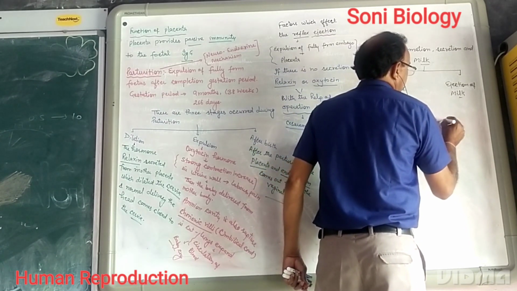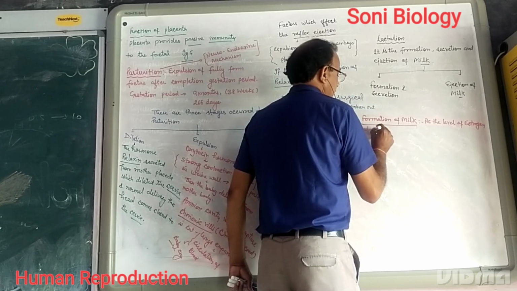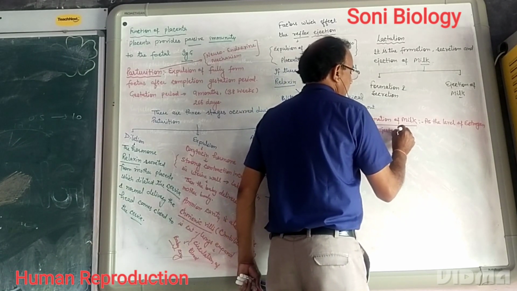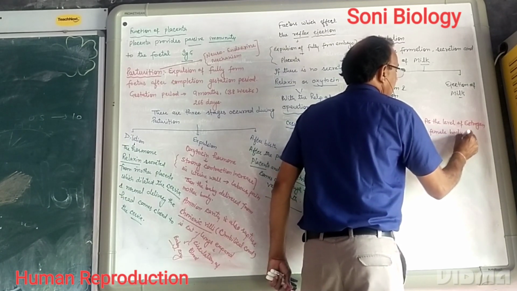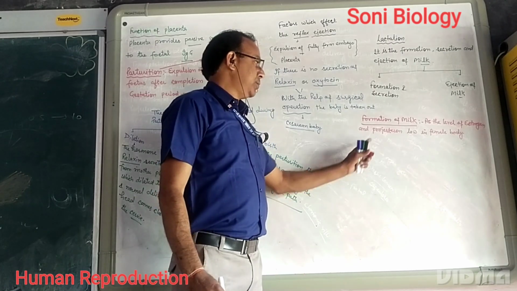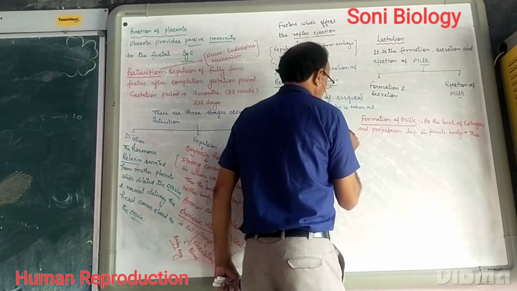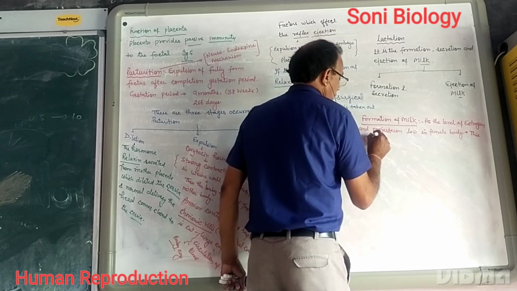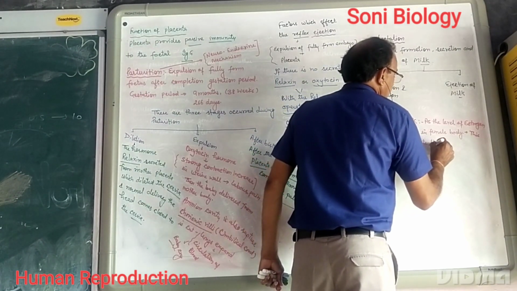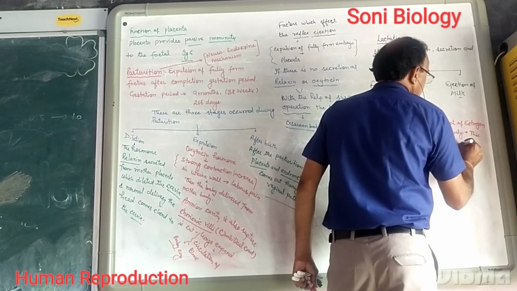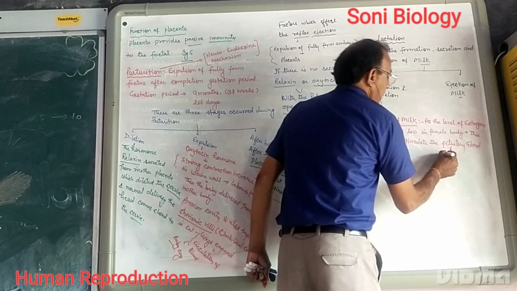As the level of estrogen and progesterone becomes low in the female body, this low level of progesterone and estrogen hormones stimulates the pituitary gland to secrete another hormone called PRL.